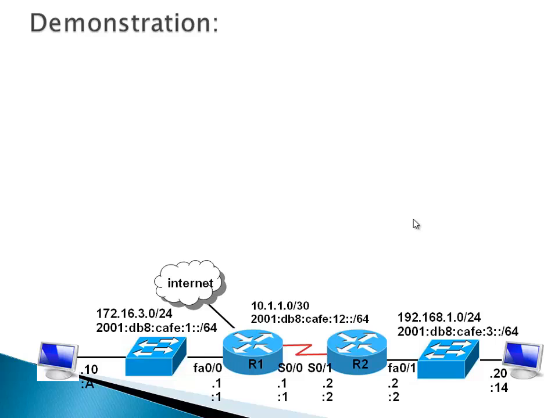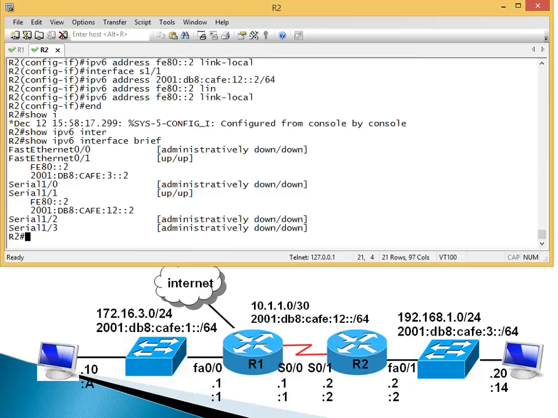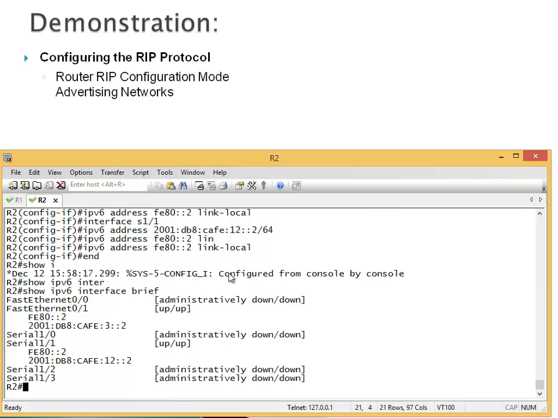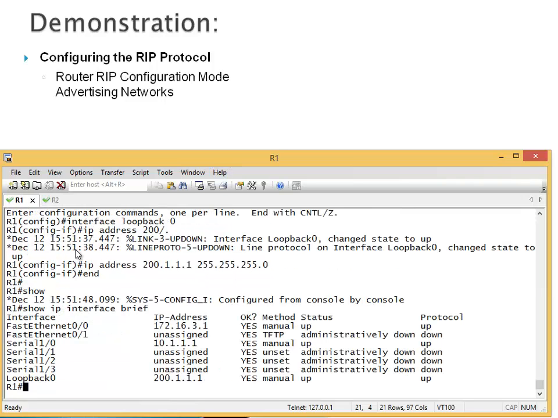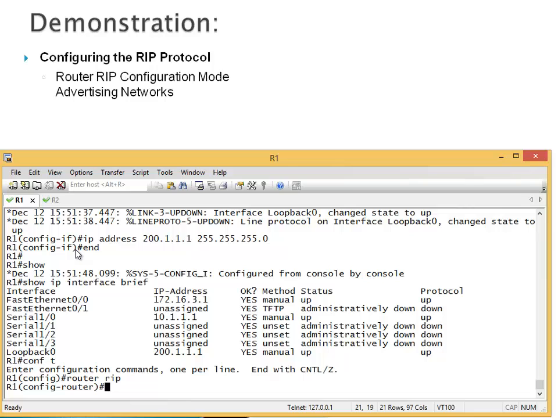So what we're gonna do now, we can configure the RIP routing protocol, router RIP configuration mode, and advertise our networks. I will go to router 1 and config T, global configuration mode, router RIP, and advertise the network.